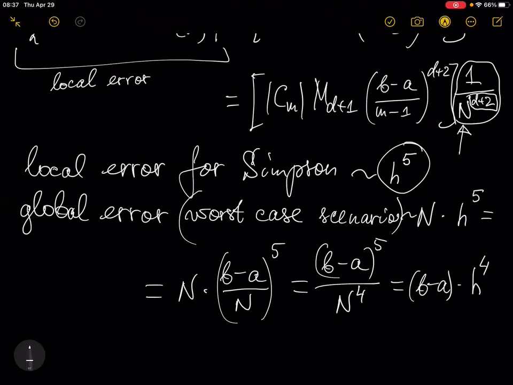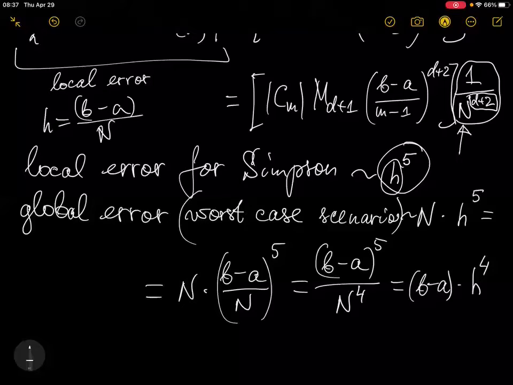Okay, so have a look now. Could you tell me how the local error for the Simpson rule will change if I increase the number of points, if I decrease h twice?